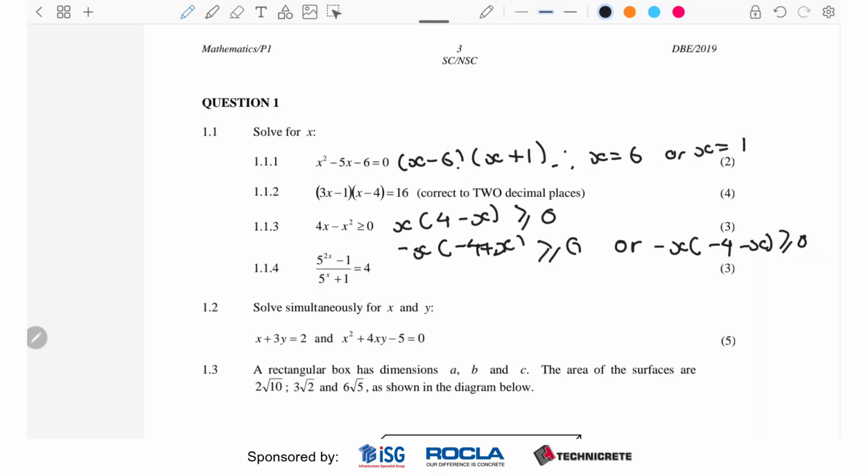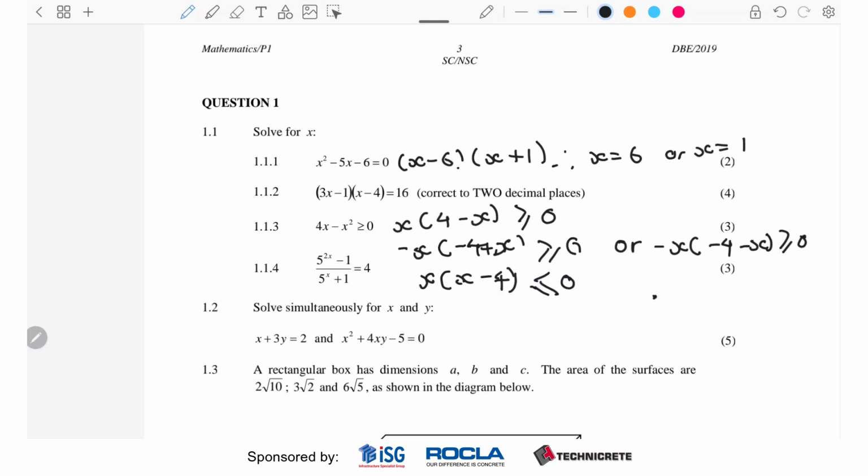To get rid of this negative, I'm going to divide both sides by a negative, and remember, whenever we divide by a negative, the sign changes. So it's going to give us x times x minus 4 less than or equal to 0.